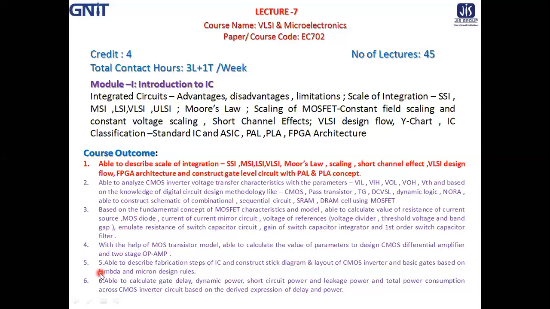The sixth is able to calculate gate delay, dynamic power, short circuit power and leakage power, and total power consumption across CMOS inverter circuit based on the derived expression of the delay and power.